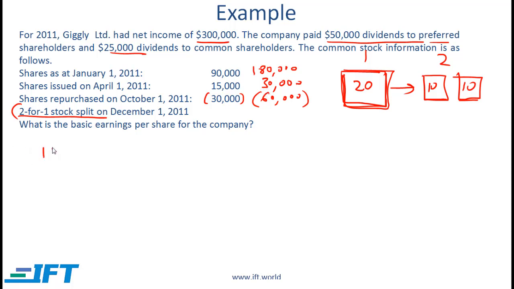To figure out the weighted average number of shares outstanding, we need to do the following. Initially, the company had 180,000 shares outstanding, and these were outstanding from 1st January to 31st March, which is 3 months out of 12.